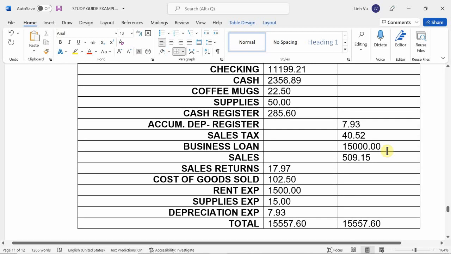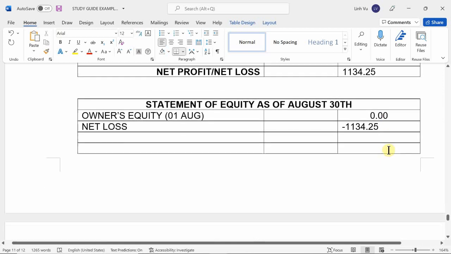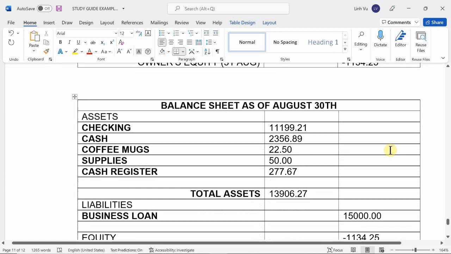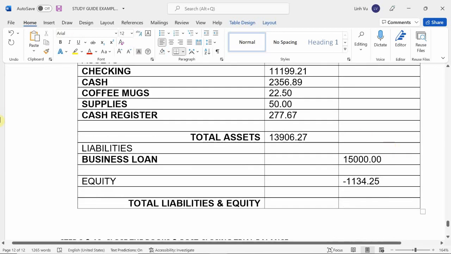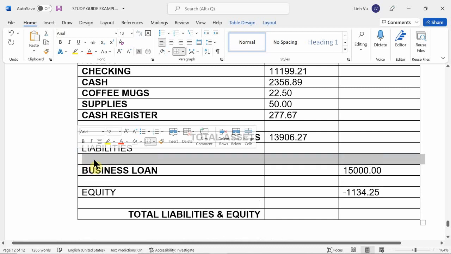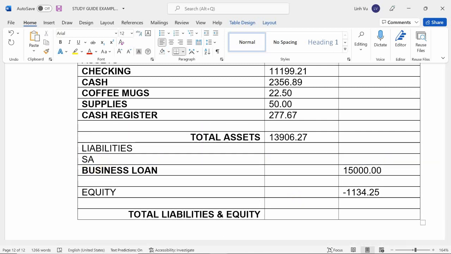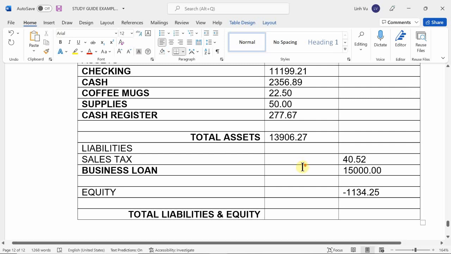I'm sorry. We got the sales tax. I have to include the $40.52. That's what I was missing. So you got the business loan, and you also have the sales tax payable of $40.52.